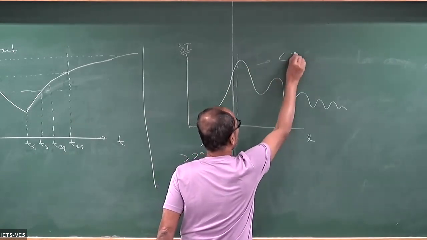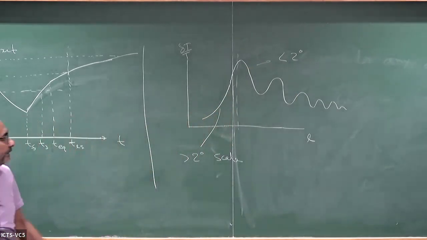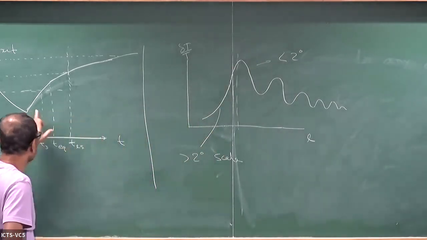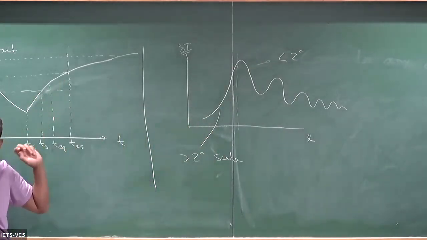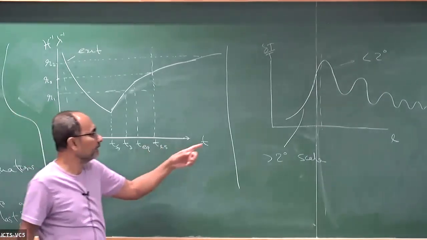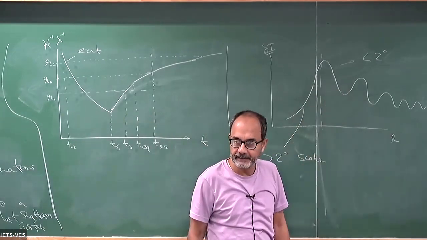This is smaller than 2 degrees, so L is larger. And we see that there is a difference. All these peaks are produced because of the microscopic physics that happens here. But of course you can predict the microscopic physics, you can predict what the shape of this will be, and this is what you compare with what you see in experiment.